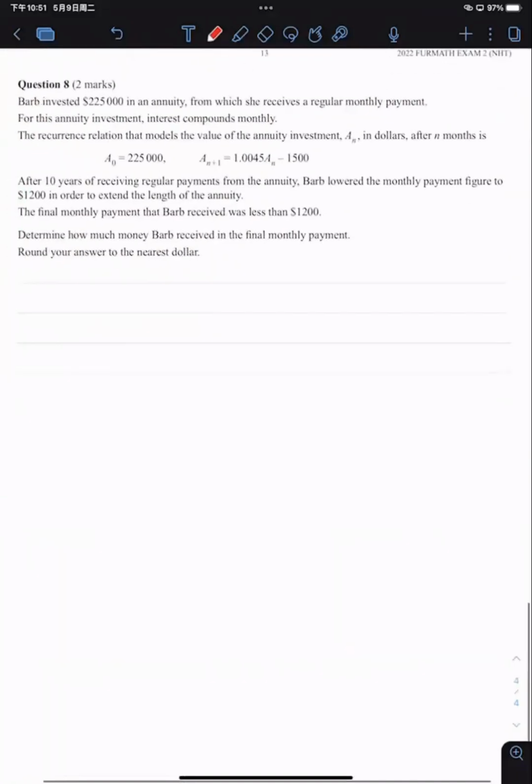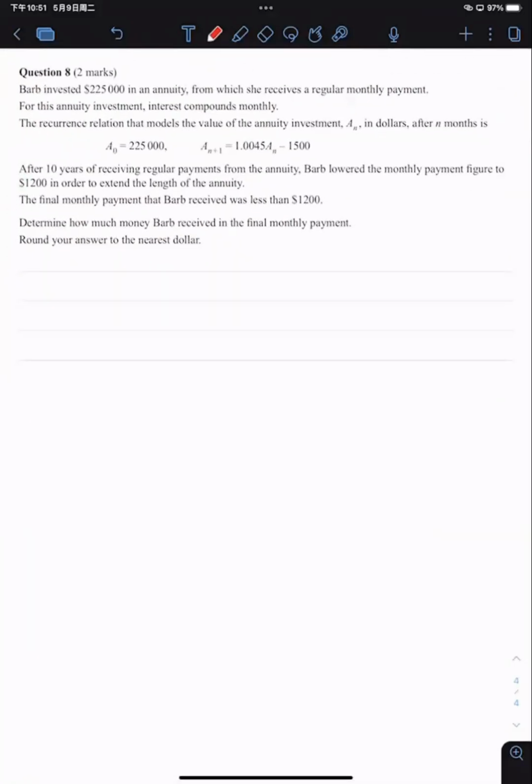All right, let's jump to the last part, which is the most challenging one. Barb invested $225,000 in an annuity, from which she received a regular monthly payment. For this annuity investment, interest compounds monthly. The recurrence relation that models the value of the annuity investment An in dollars after n months is shown below.